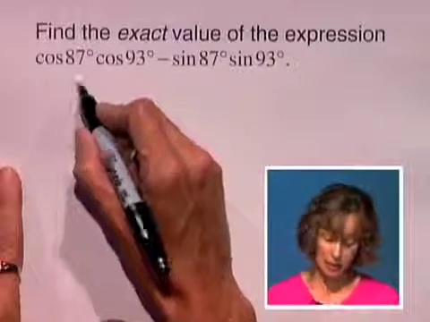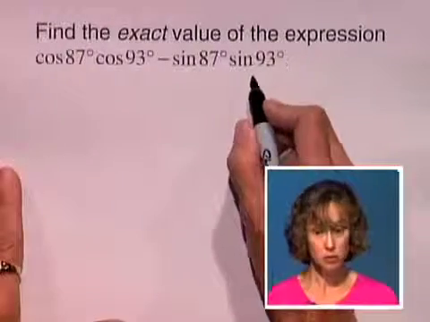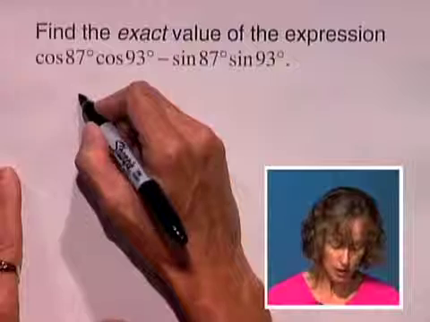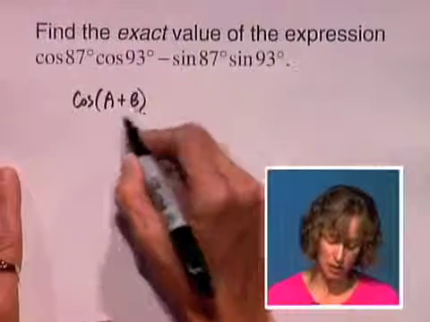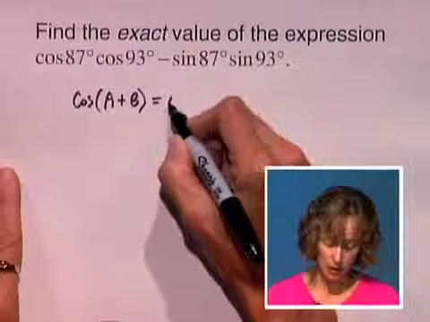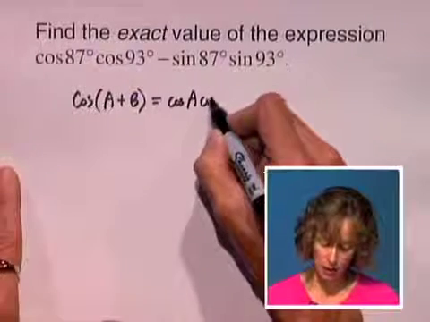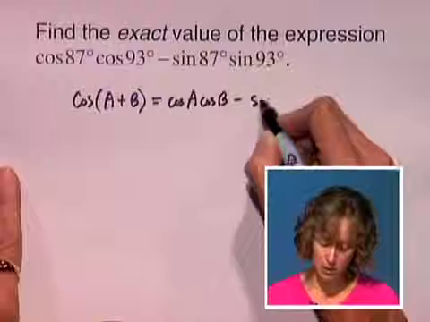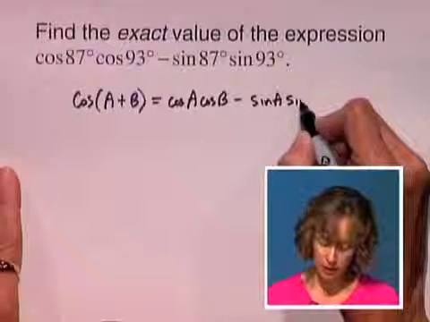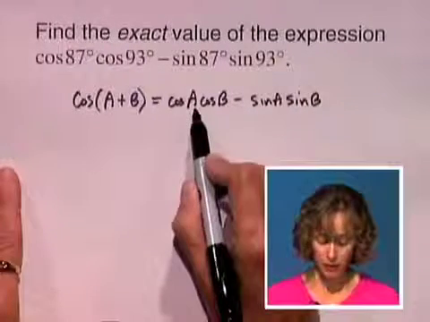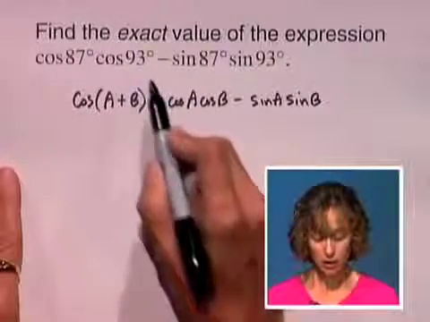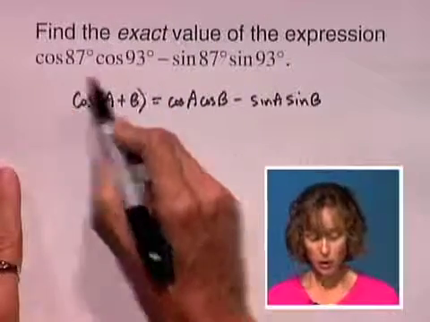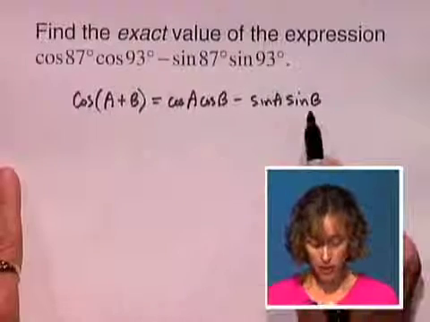And the identity that I can match this to, or that this is the right-hand side for, is the cosine sum identity. The cosine sum identity, cosine (A plus B), is cosine A cosine B minus sine A sine B. So if A is 87 degrees and B is 93 degrees, what I have matches this right-hand side.